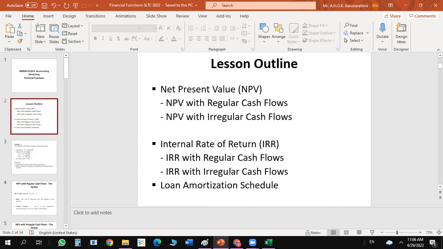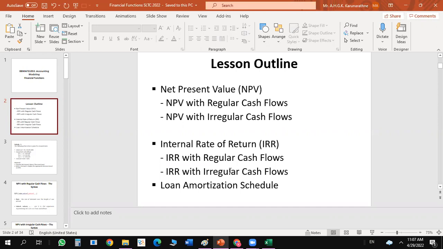There we do not consider the time value of money and the risk of the project is ignored. So since you do not consider the time value of money and the risk of the project, those methods, that means the payback period method and the accounting rate of return approach, are not considered as strong or scientific methods of evaluating the financial feasibility.